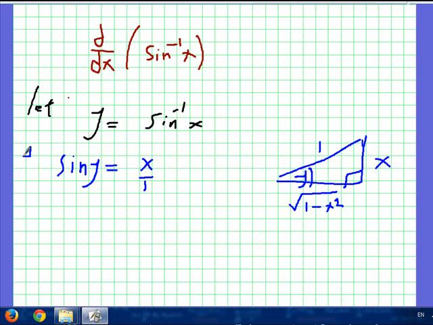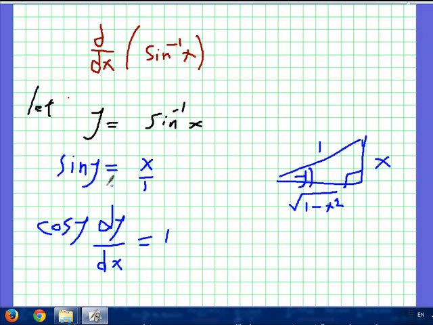Taking d by dx of both sides, the derivative of sine y will be cosine y, but since we are differentiating with respect to x, it will be multiplied by dy by dx, equals the derivative of x, which is 1.